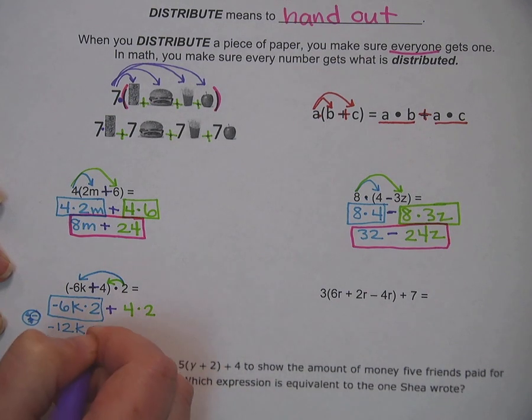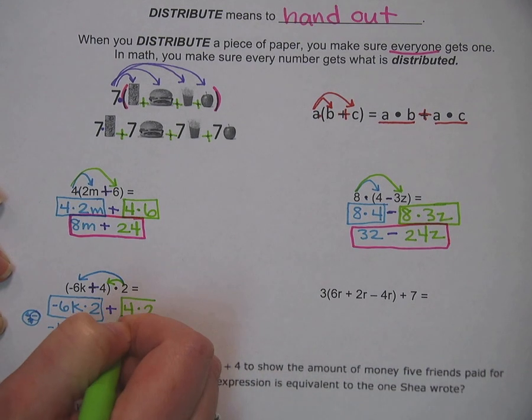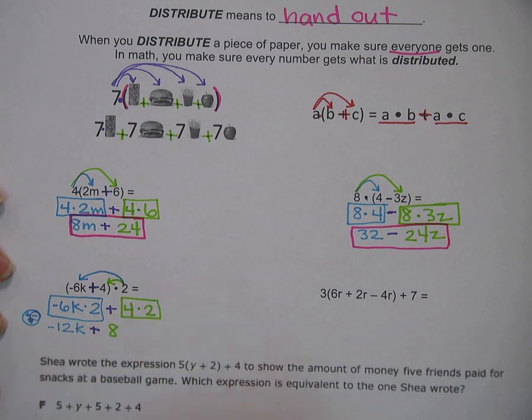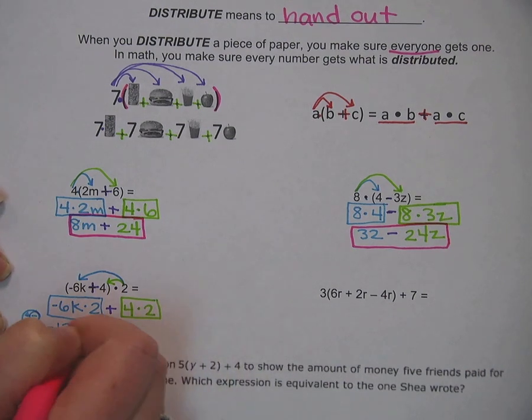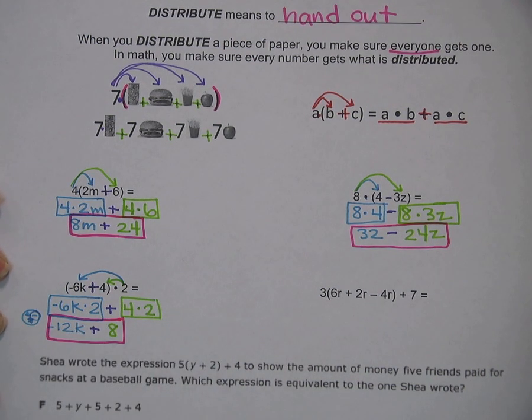And then my plus sign stays the same. And then 4 times 2 is 8. And I cannot put a letter and a number together. So that is my final answer on that one. Make sure you're keeping an eye out for integer mans with your negatives on these problems.